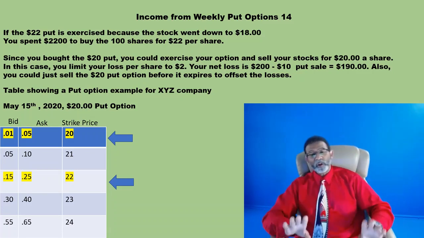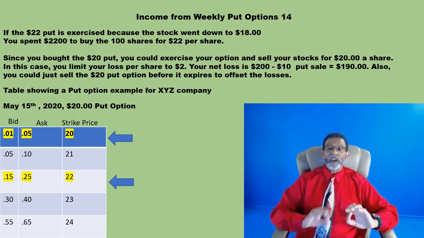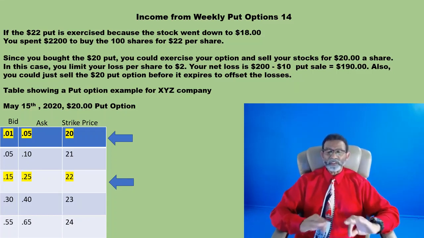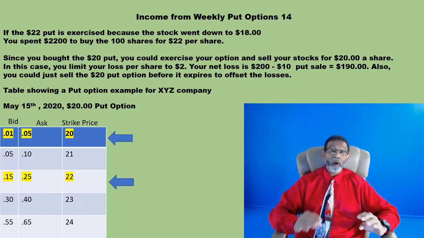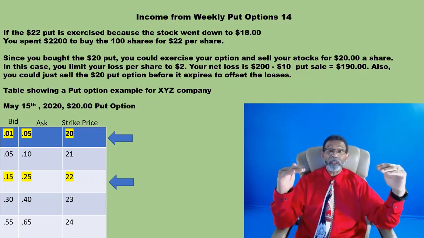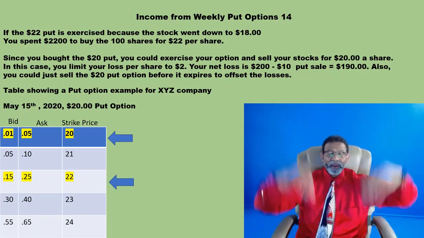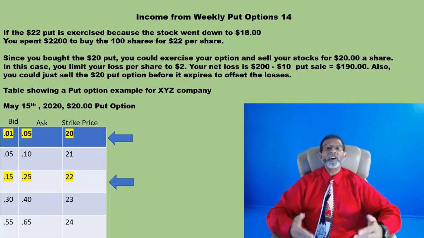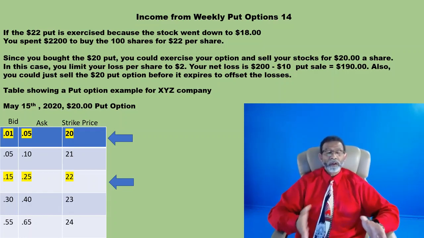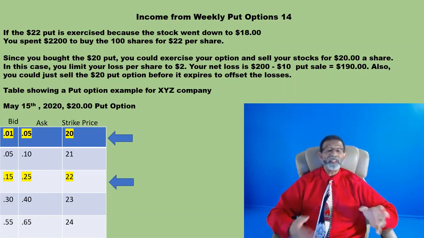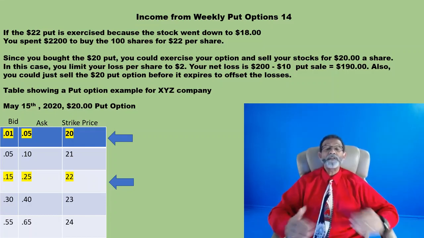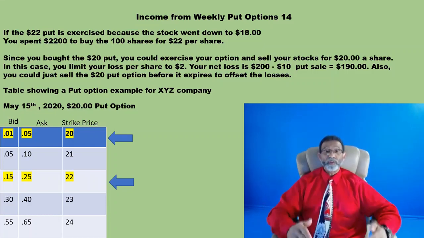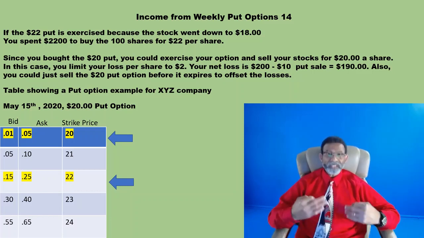Now, another situation that could be taken advantage of is that since you bought the $20 put option, that $20 put option gains value as the stock goes down. So you could just sell your $20 put option to offset losses. So you have some opportunities to make some choices if you buy insurance on the put options you sell. However, you just have less profit.